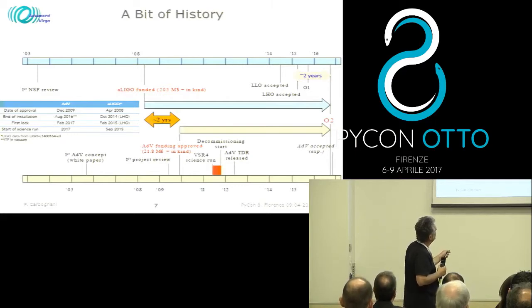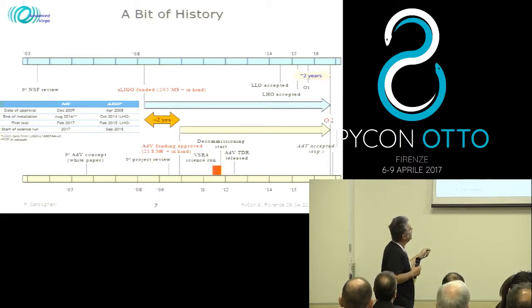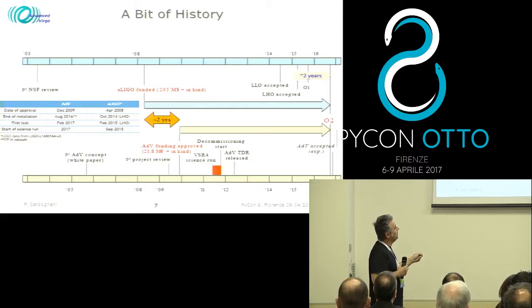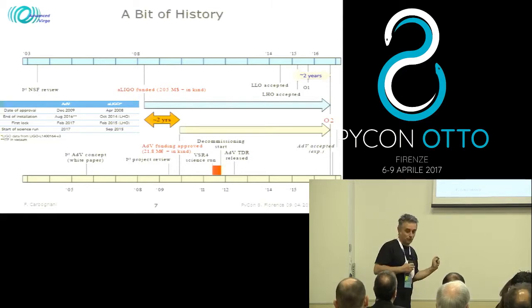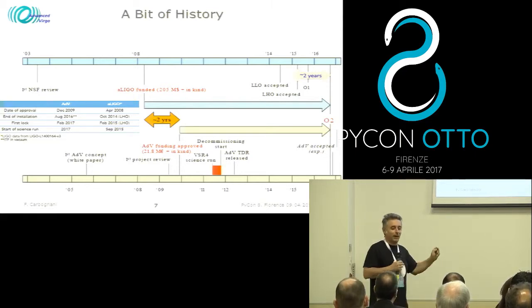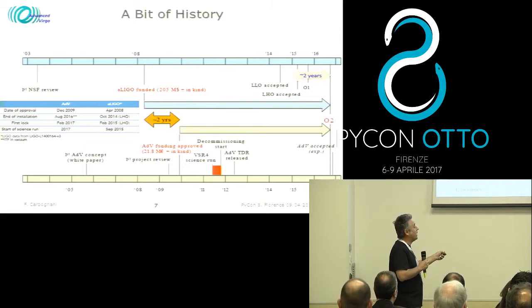So they have a 2 year advantage, but also look at those numbers in terms of money. Advanced LIGO was funded with $205 million. We got funded with 21 million euros. So this is the comparison. On the other side you have 2 detectors. Then you can say, okay, these numbers are also a bit different because inside here you don't have the salary of the people working inside.